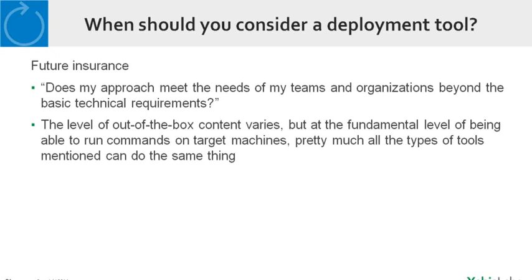We can get all that technical stuff done because, as I've said a few times already, at the fundamental level, all the tools that we've mentioned in this space are pretty much remote orchestrators or remote executors. They will take commands of some nature and run them on a bunch of different target machines. So they can ultimately all pretty much do the same thing.